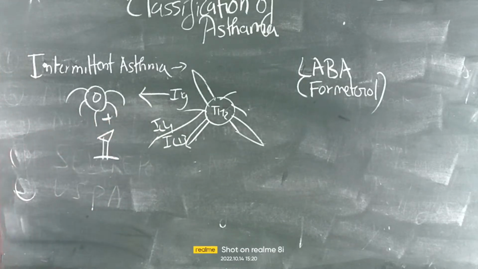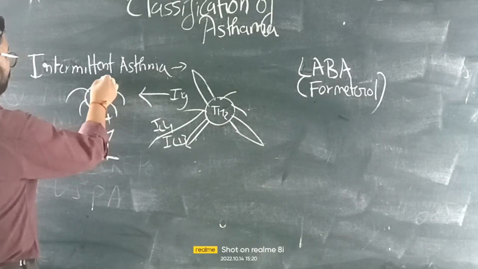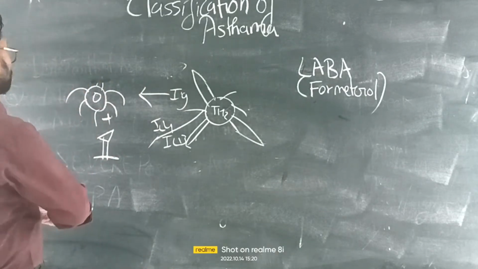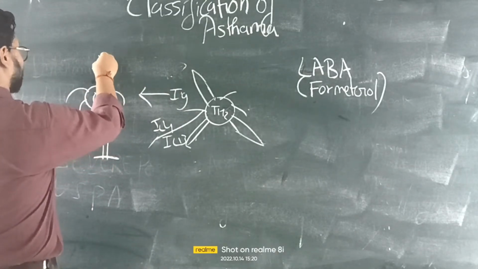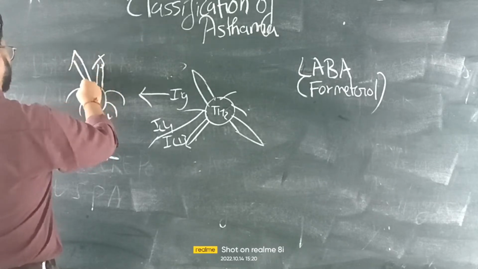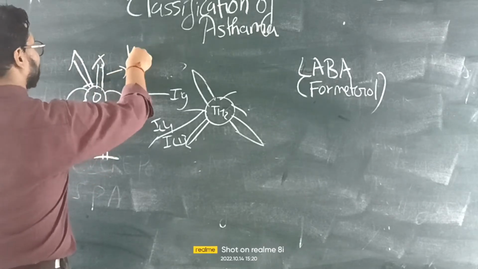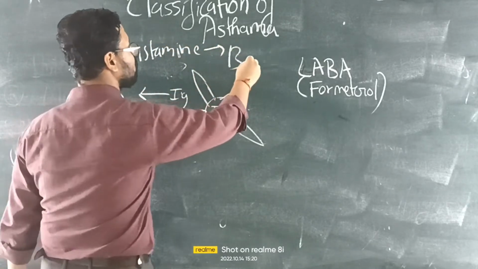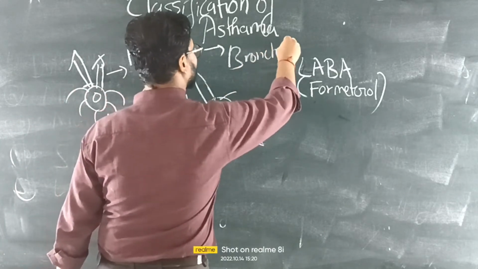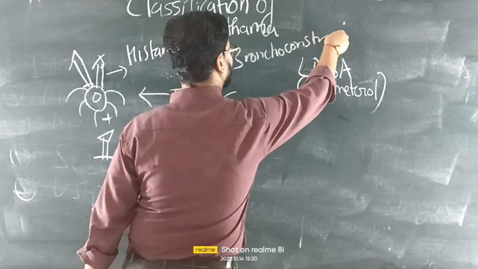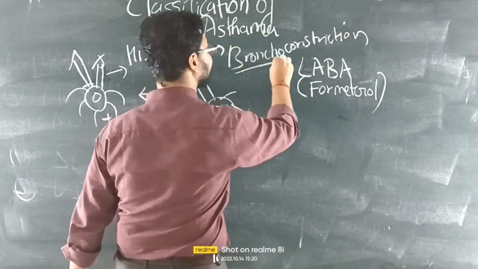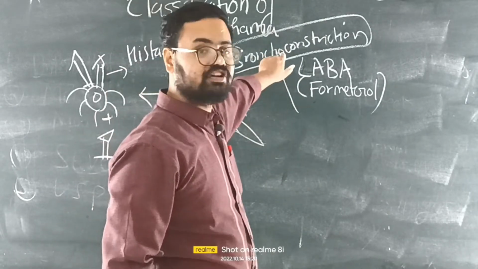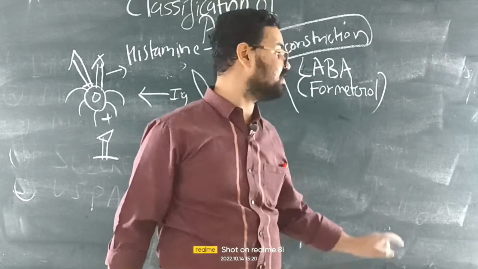With the help of the IgE and mast cell complex, histamine is released, and this histamine causes bronchoconstriction. So we are only treating this bronchoconstriction with LABA, that is formoterol.